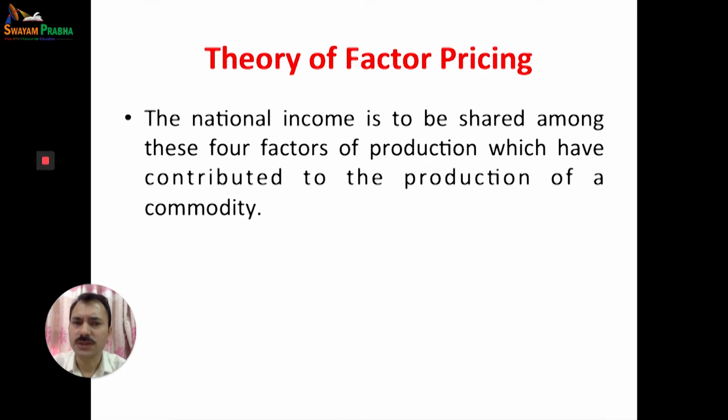National income is to be shared among these four factors of production, which have contributed to the production of the commodity. If you add rent plus wages plus profit plus interest, that is equal to the national income.